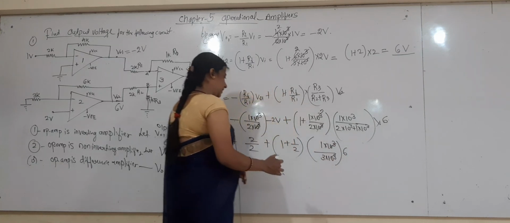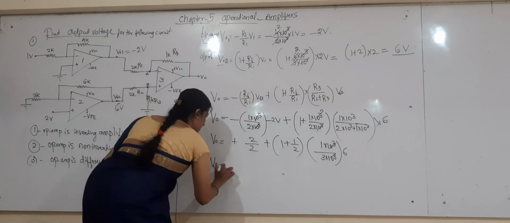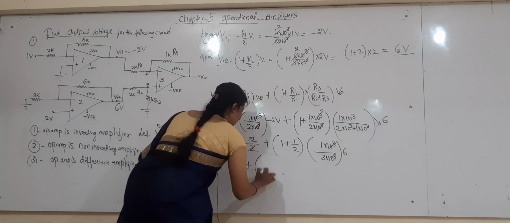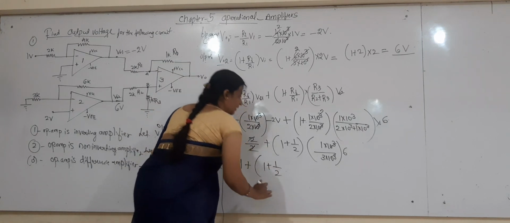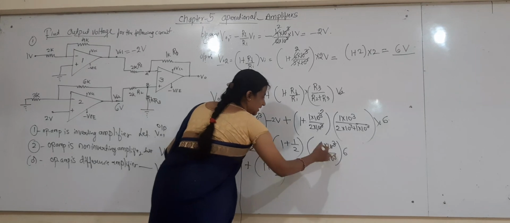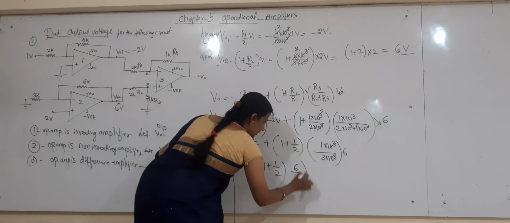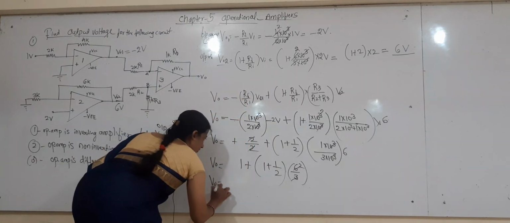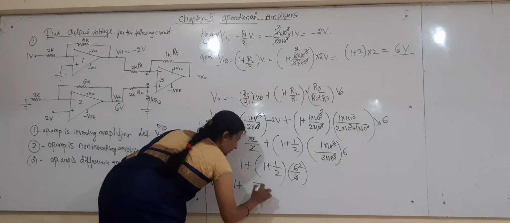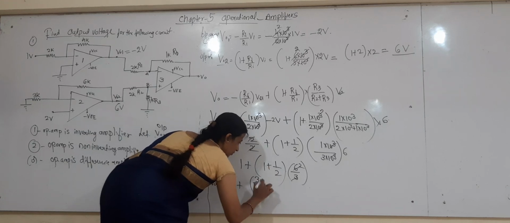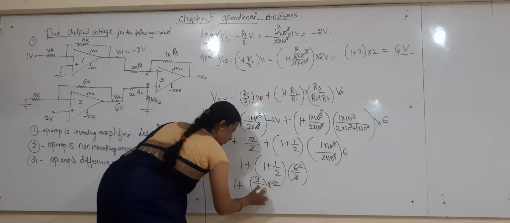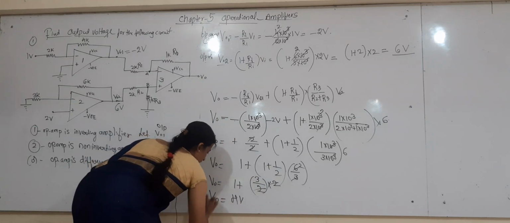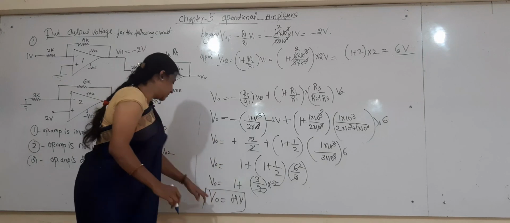Kilo cancels, so V0 is 2 by 2 is 1, plus 1 plus 1 by 2. Here 6 divided by 3 is nothing but 2. So V0 is 1 plus 3 by 2 into 2. The 2 cancels, 3 plus 1 is 4. Therefore V0 is equal to 4 volt.